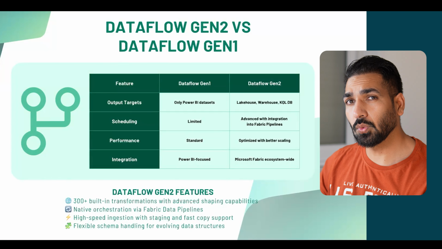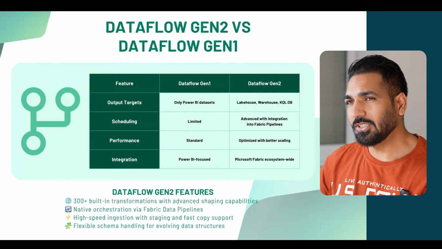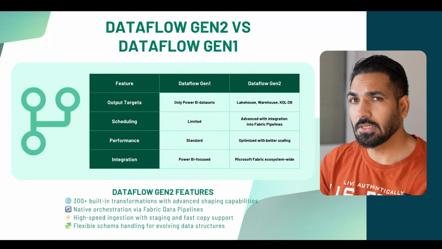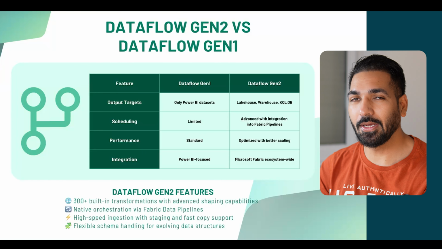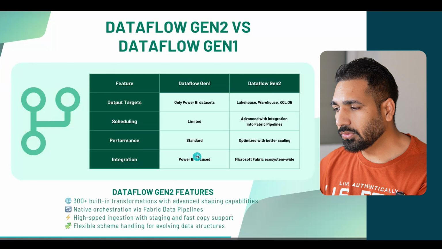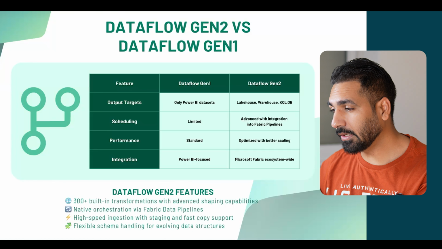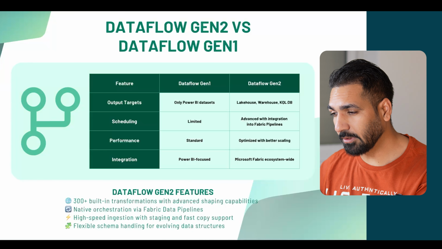Now, here's the difference between Dataflows Gen1 and Dataflows Gen2. Like I mentioned previously, Gen1 was introduced in Power BI, but in Fabric it's Gen2. So Gen1 can be used only in a Power BI dataset, whereas Gen2 can be used in Lakehouse, Warehouse, and KQL databases.